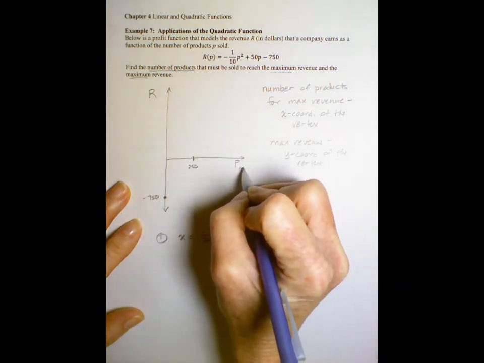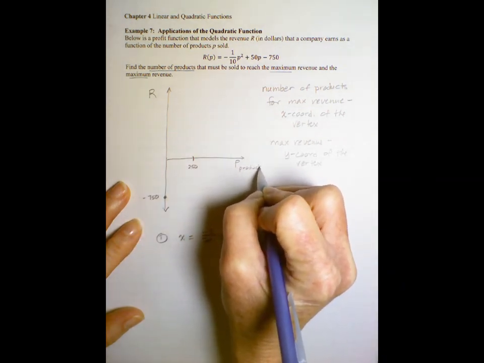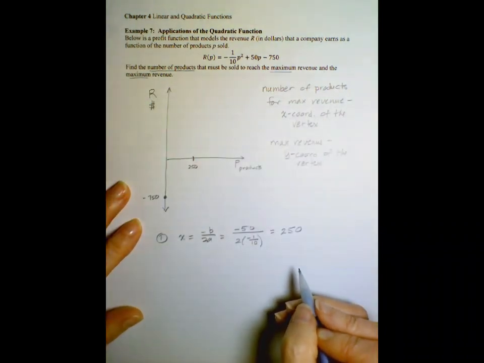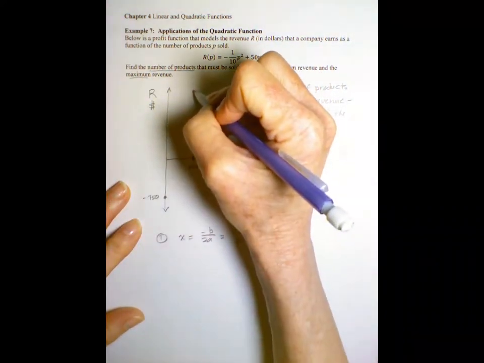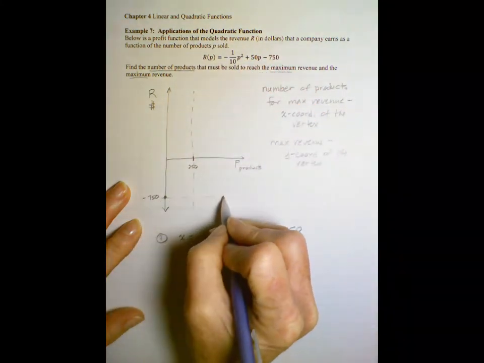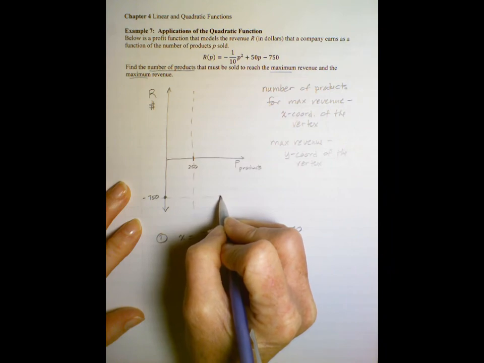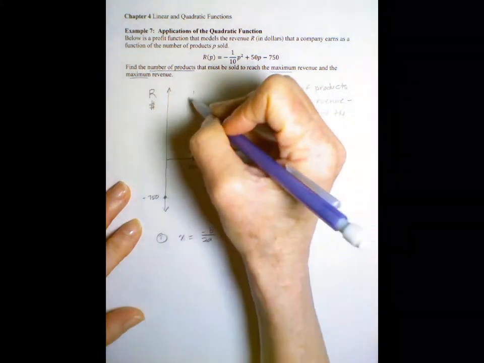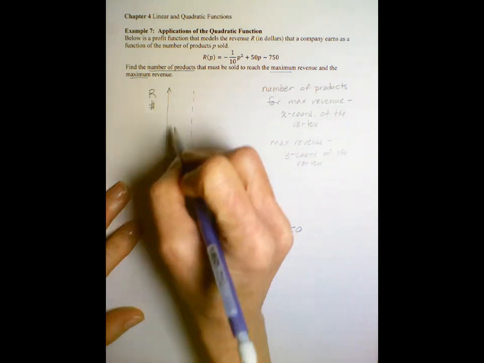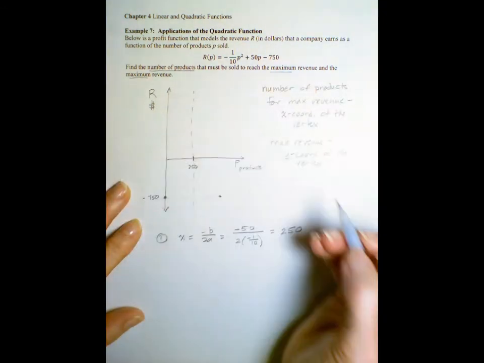These are products. This is money, right? Revenue is money. So we know this would be our axis of symmetry. There would be a point over here, and we want to know how high up we go. We know this is the number of products where the peak occurs, but how high is the peak?